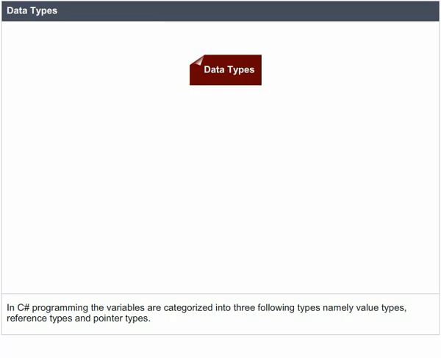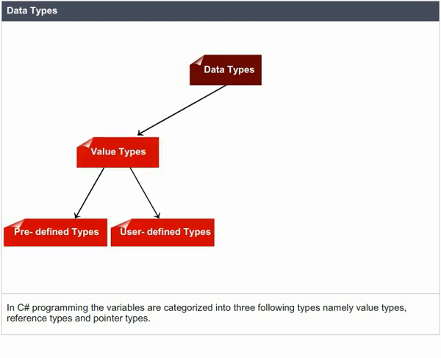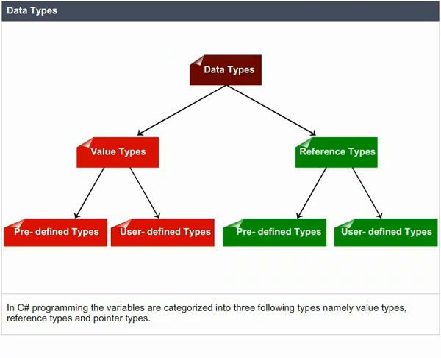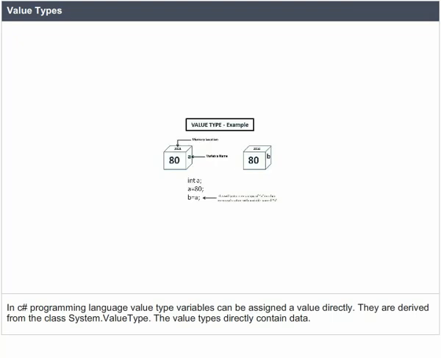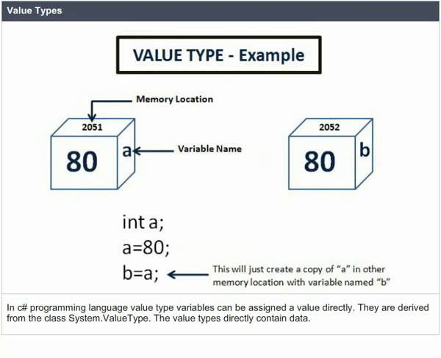Data types. In C# programming, the variables are categorized into the three following types, namely value types, reference types, and pointer types. Value types. In the C# programming language, value type variables can be assigned a value directly.